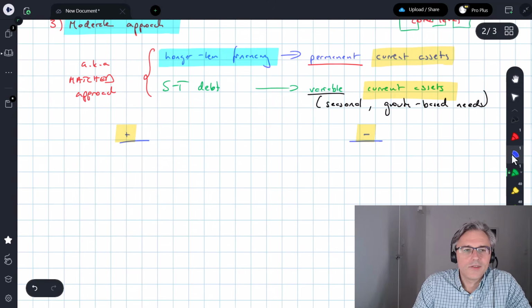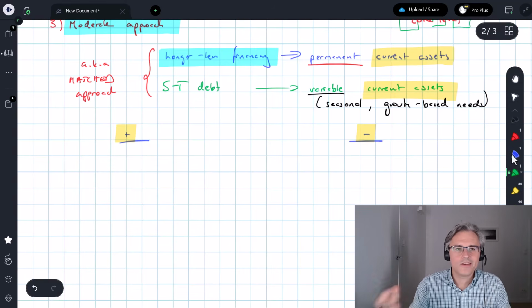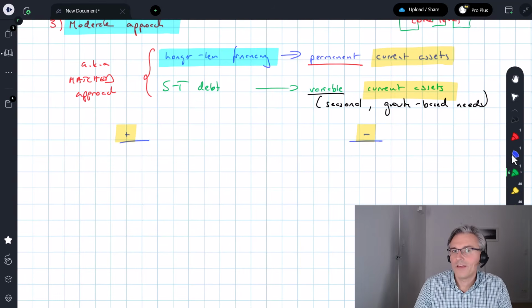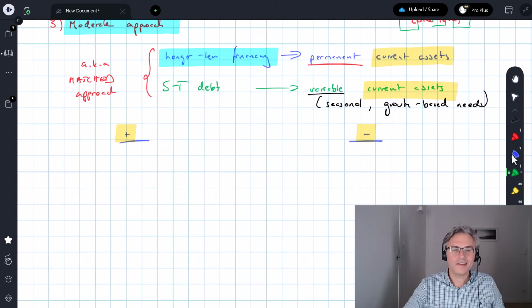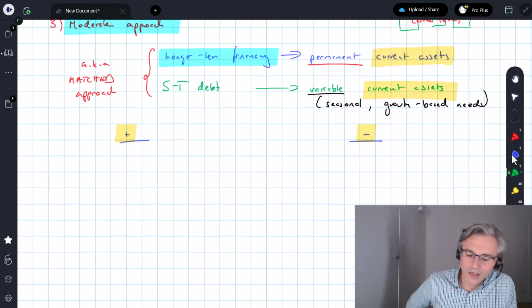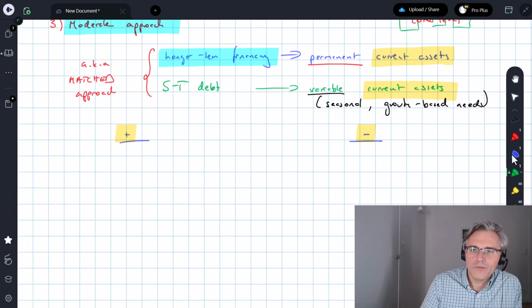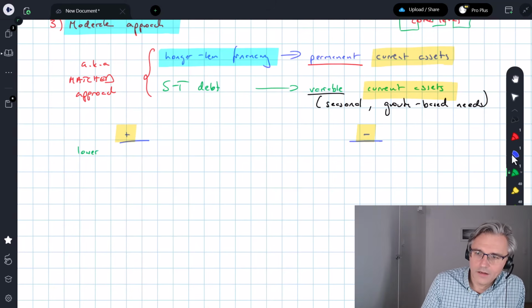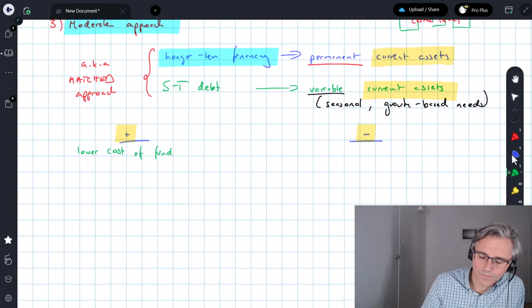Right, so what are going to be the advantages and disadvantages of this so-called moderate approach? Well, to be honest, the advantages and disadvantages come from the fact that this is neither of the two extreme conservative and aggressive approaches. So, as an advantage, your book says, this has a lower cost of funding than under the conservative approach.